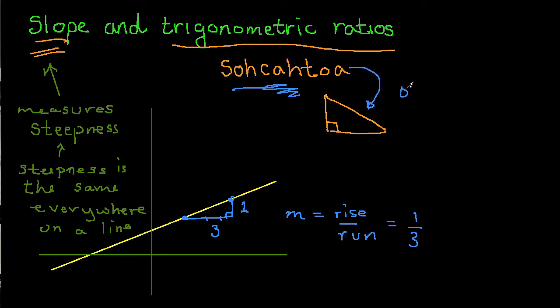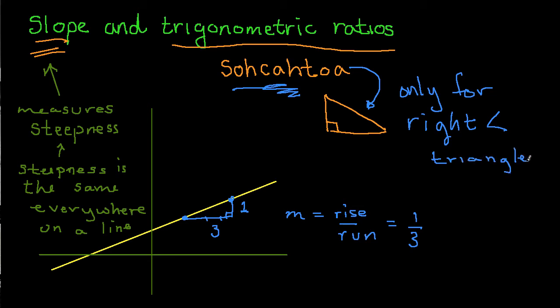So only for right angle triangles. Here we'll use a bit of abbreviation. Right angle triangles, or sometimes I just draw a little triangle that has a right angle in the corner. Okay, that doesn't look like a right angle, it looks like an acute angle, but anyway.